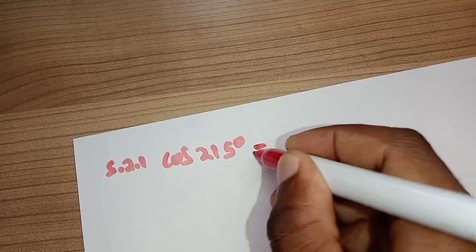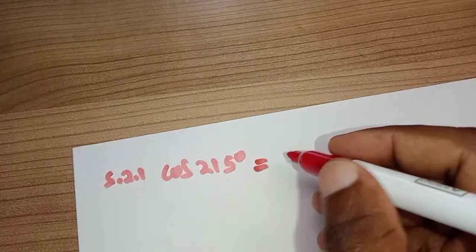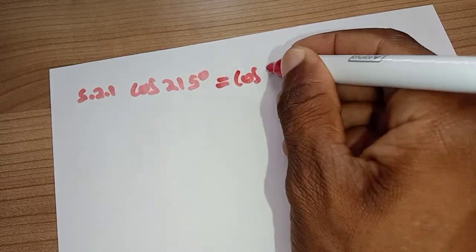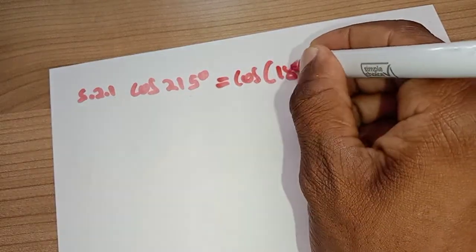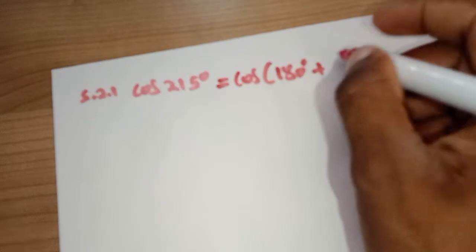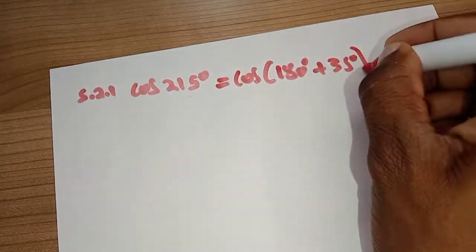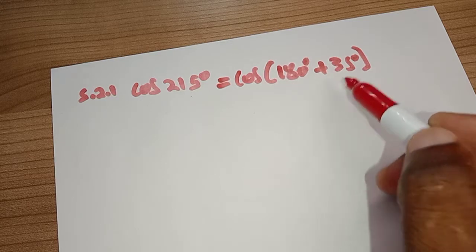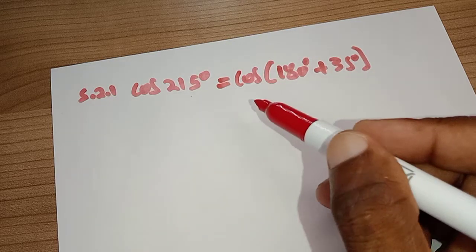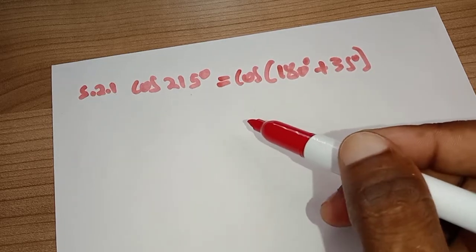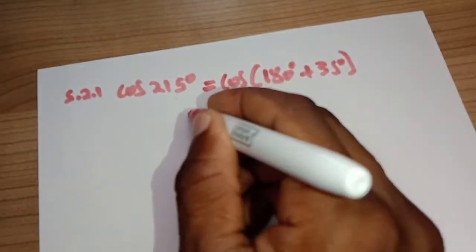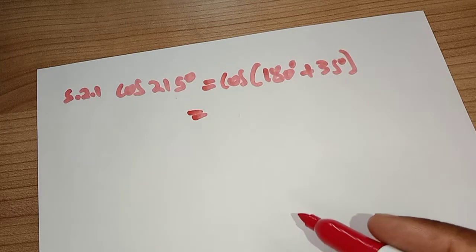We can say it equals cos of 180 degrees plus 35 degrees. The 180 is for the quadrant, then the 35 degrees stands for the special angle. When you add them, they give you 215. Then now we must reduce.